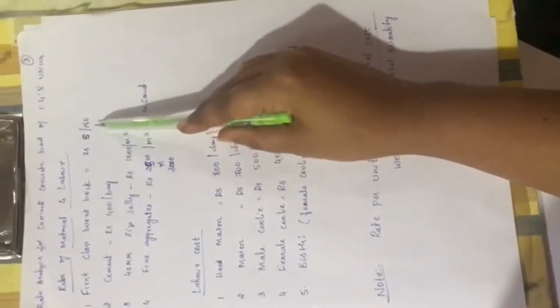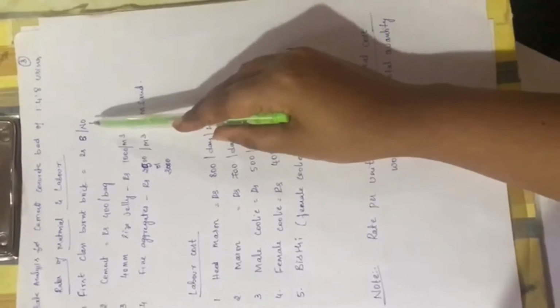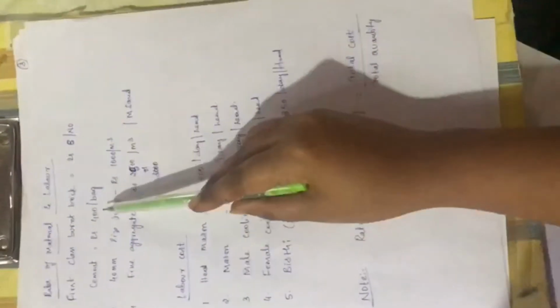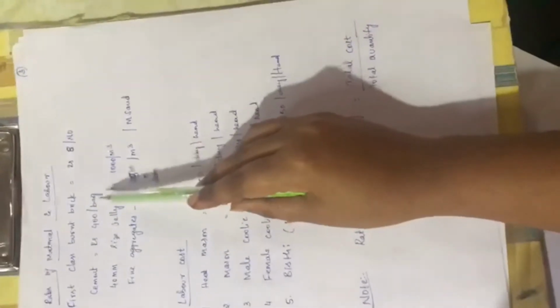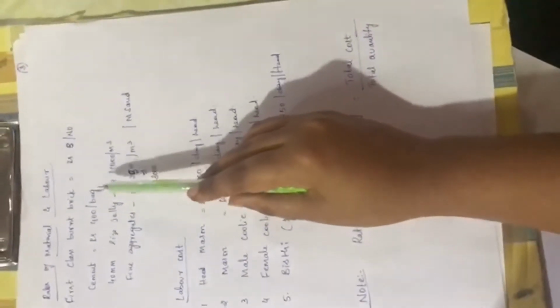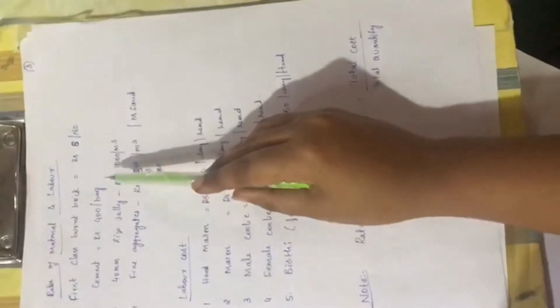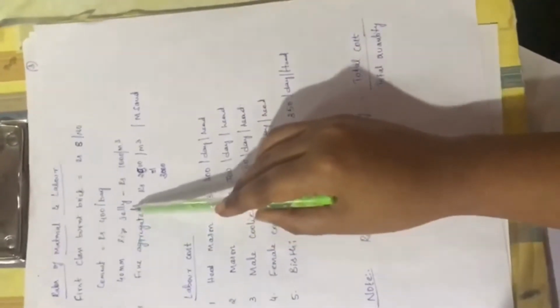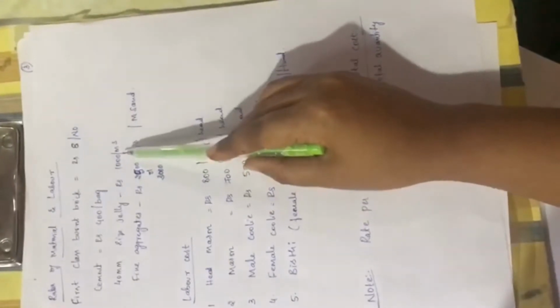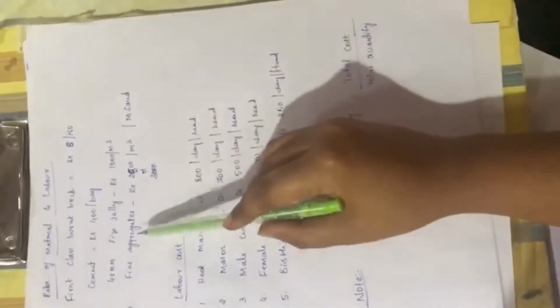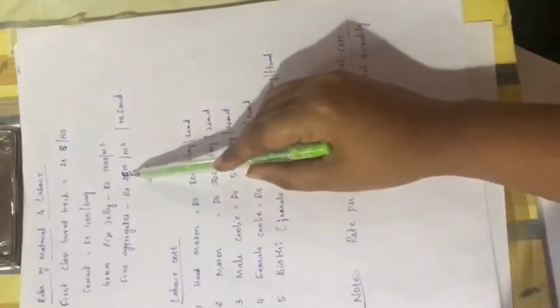Cement is 400 rupees per bag, which also differs based on the grades of the cement. 40 mm size aggregates are 1000 rupees per meter cube. The fine aggregate varies from 2500 to 3000, because nowadays, due to the scarcity of fine aggregate, we will be using M sand.